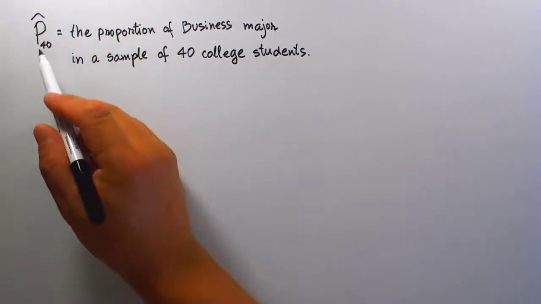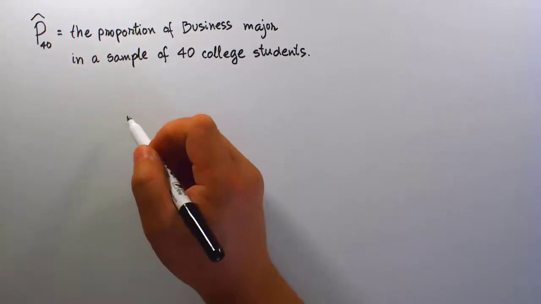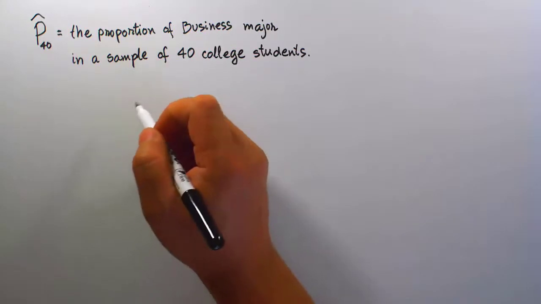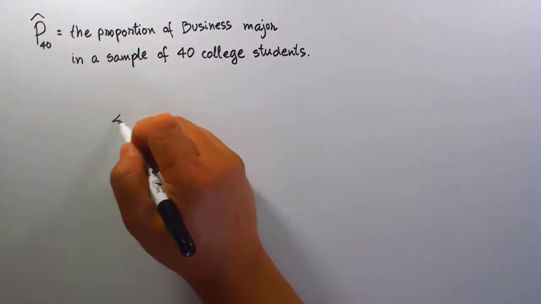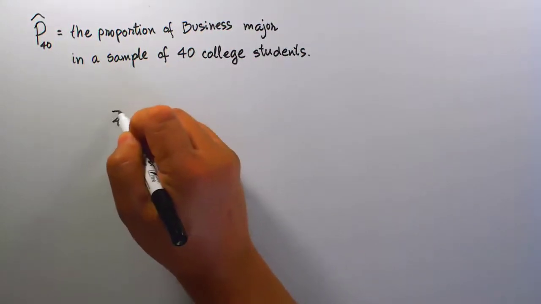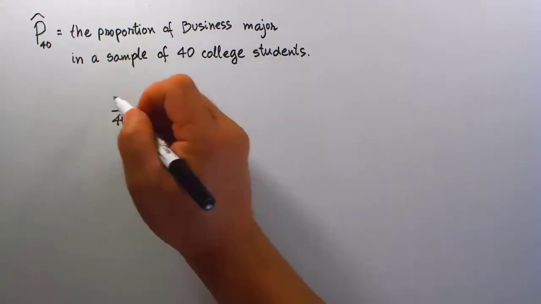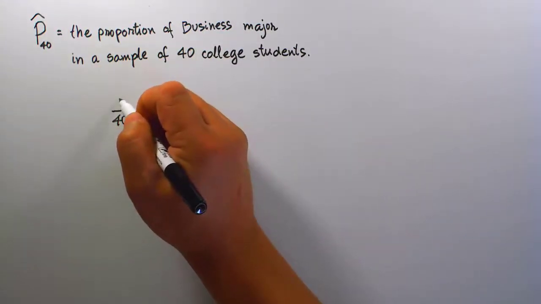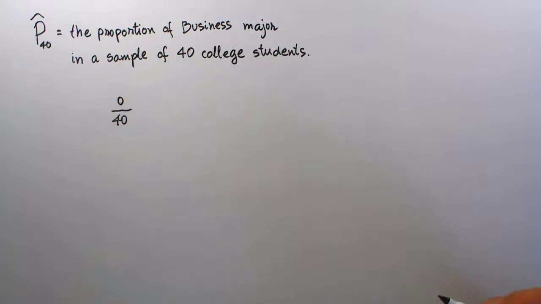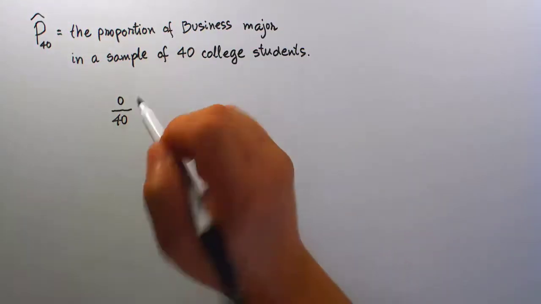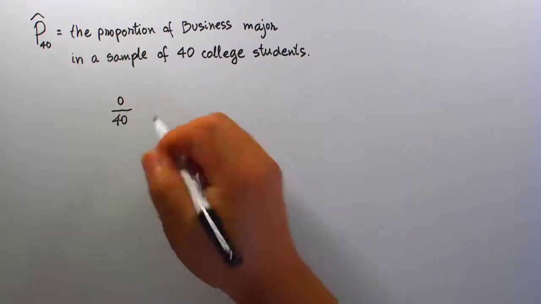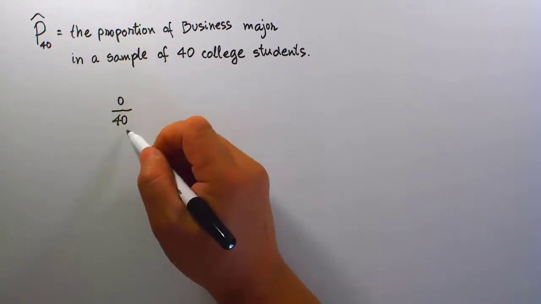This is a population of sample proportion values. And I also did a little sketch earlier that, let's say in some sample, we are so unfortunate, we might run into no business major at all. And so that's the count being 0 out of 40.